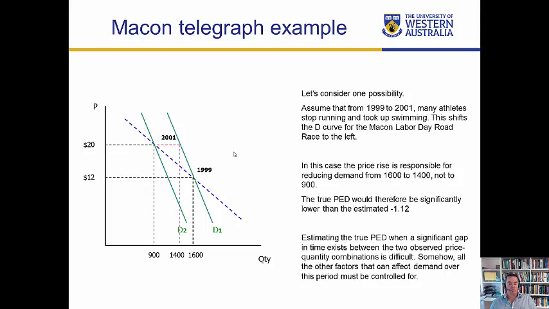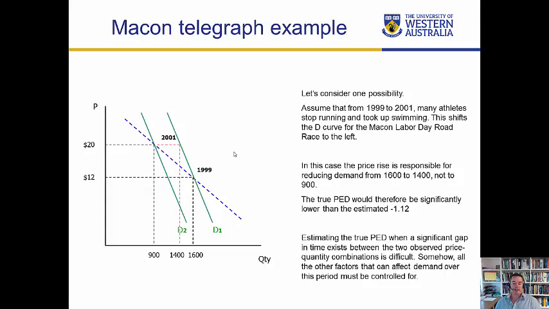Now, of course, when we've got that, it means that that blue demand curve that I drew originally is not a demand curve at all. The demand curves are actually D1 and D2. And it's very difficult to separate out what impact the increase in price had on the number of competitors from the bad weather conditions.